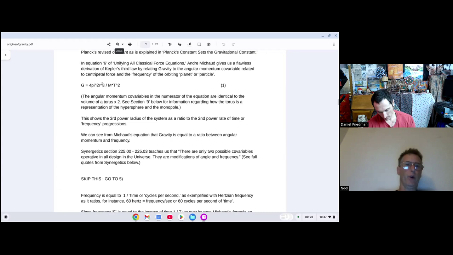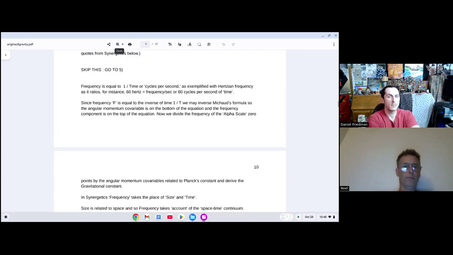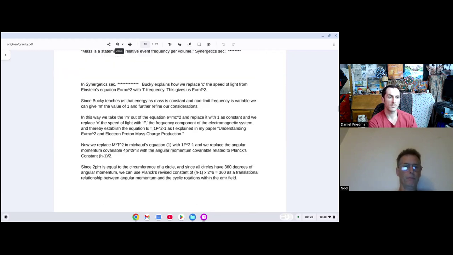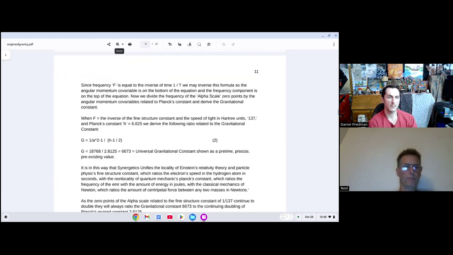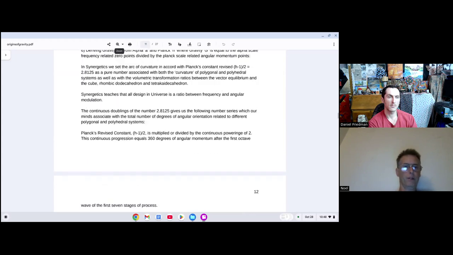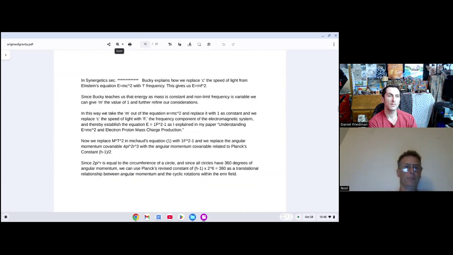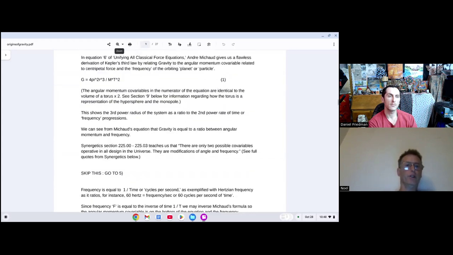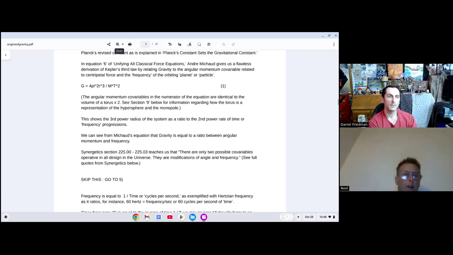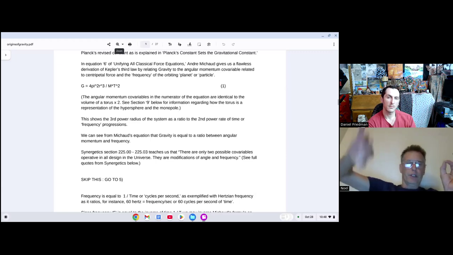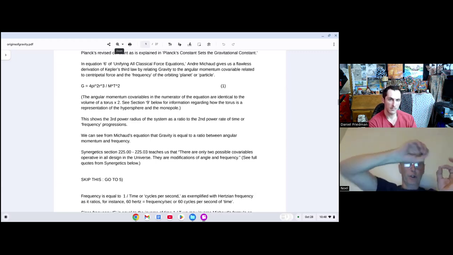This here we can notice as, for instance, 2 pi r. Sorry if I'm moving. Let me go back up to the equation. So 2 pi r we know is related to the amount of distance about the circumference of a circle.